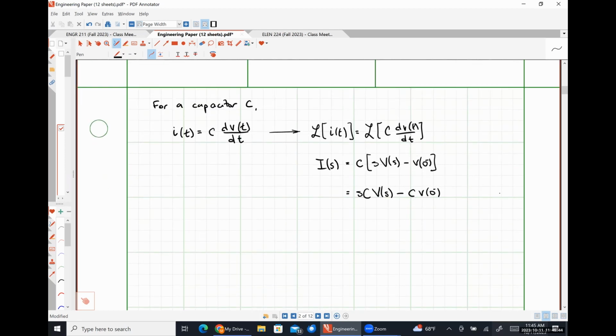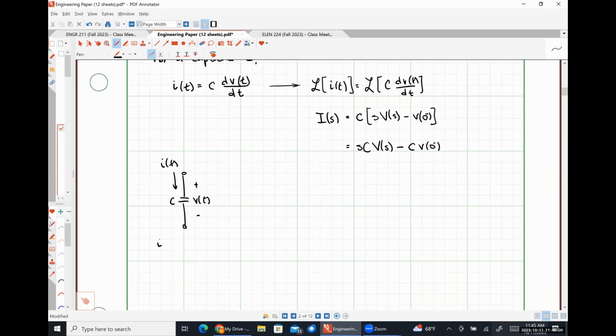So for our graphical representation, on the left I'll have my time domain again, where we have our capacitor C, our voltage in the time domain, current in the time domain, and we have the relationship I is equal to C dV by dt. In the frequency domain, this is going to look like a capacitor in parallel with a current source.